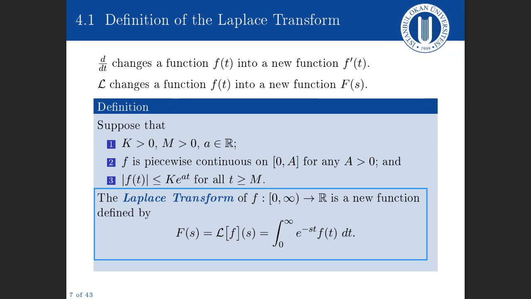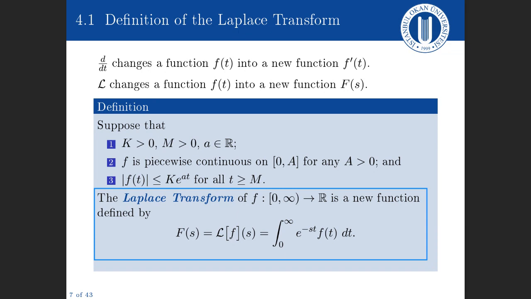The key part of this definition for you is this formula. The Laplace transform of a function small f, which has domain interval between 0 and infinity, is a new function which is defined by this formula. It's the integral from 0 to infinity, e to the power minus st, f of t dt.